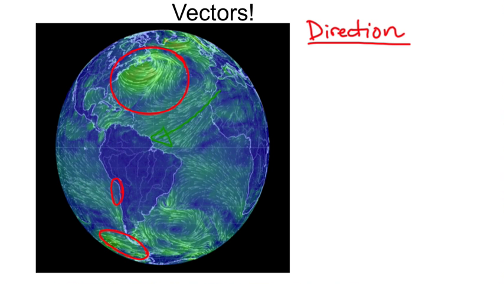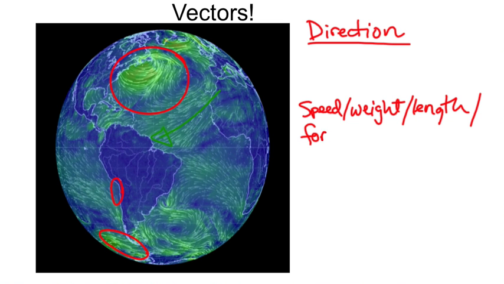All right? Which way is the wind blowing in this case? They can also tell us a speed, or maybe it's not wind speed. Maybe it's a weight of something. Something that's heavier might have a longer vector. The length of something, how strong a force something is exerting, what the temperature of something is, etc. There's lots of different things that vectors can represent depending on the context.